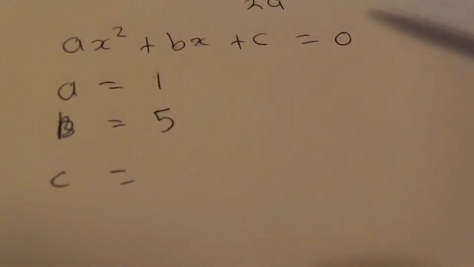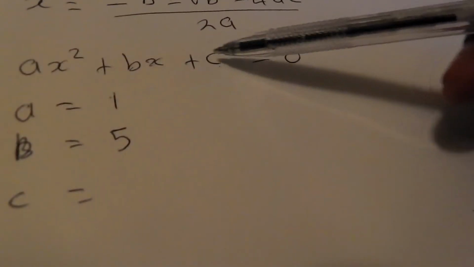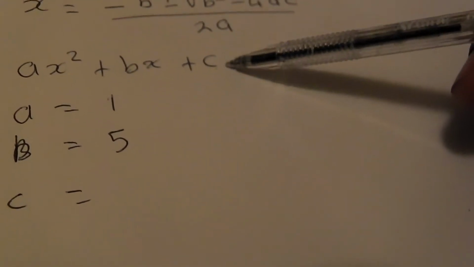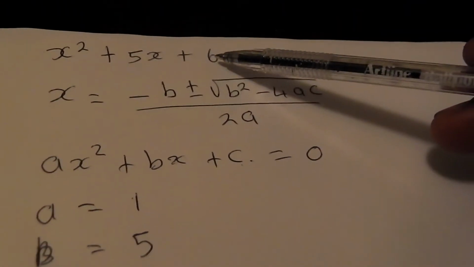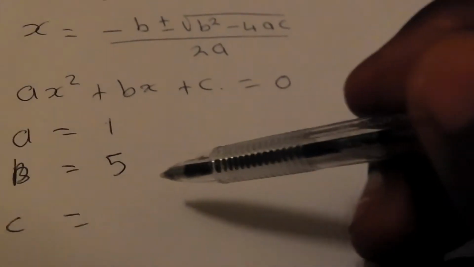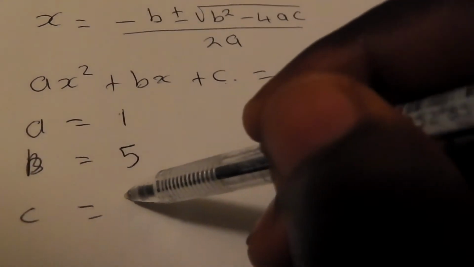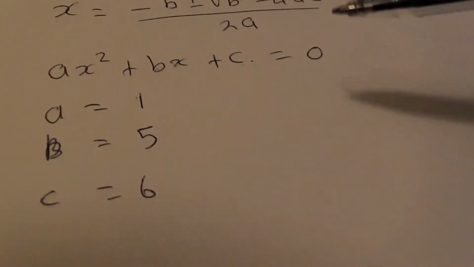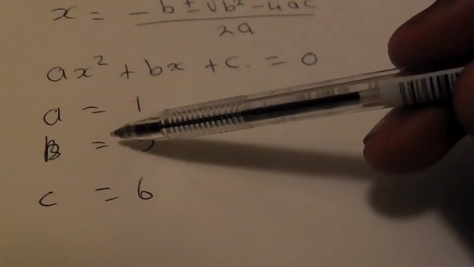Last but not least, c. In the general equation, c doesn't have any x, so it is a constant. In our equation, the 6 is the constant, so our c will be equal to 6. Now we have our values of a, b, and c.